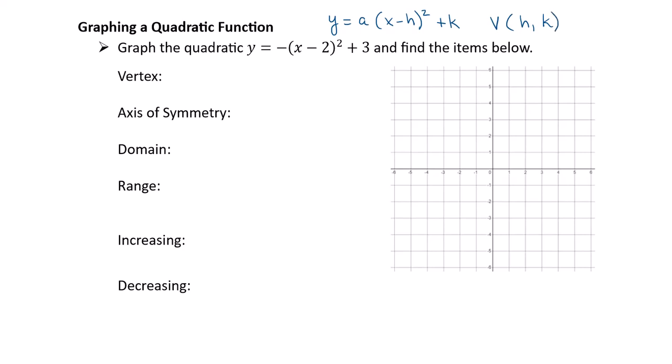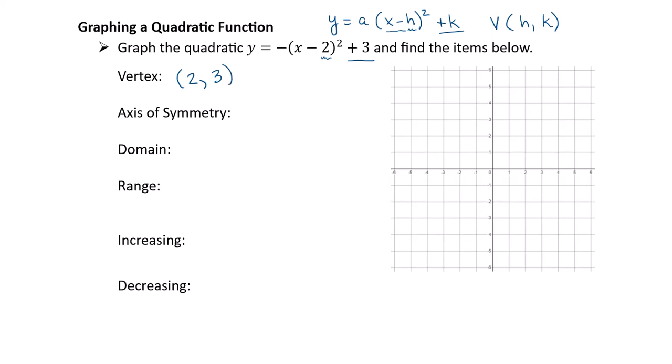When we're looking at this, it's x minus the h. So my h is 2, and plus k is just the number that is tacked onto the end. That's a positive 3.